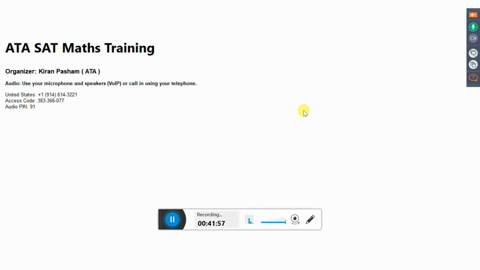Guys, did you get CD equal to 4? No, I didn't get that. Can you explain? Yes. So before going there, what will be this angle? When it is 90 and when it is 30, what will be this angle? 60, right? And this is 90 and this is 45. What will be this angle? 45.